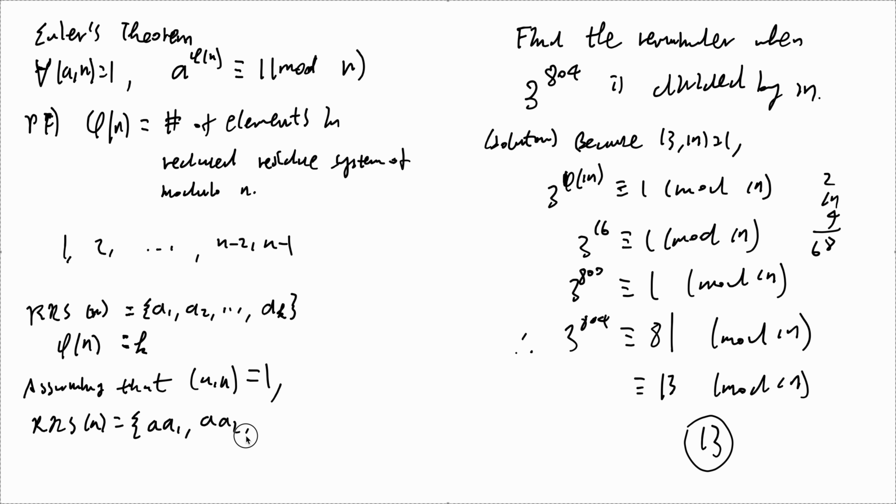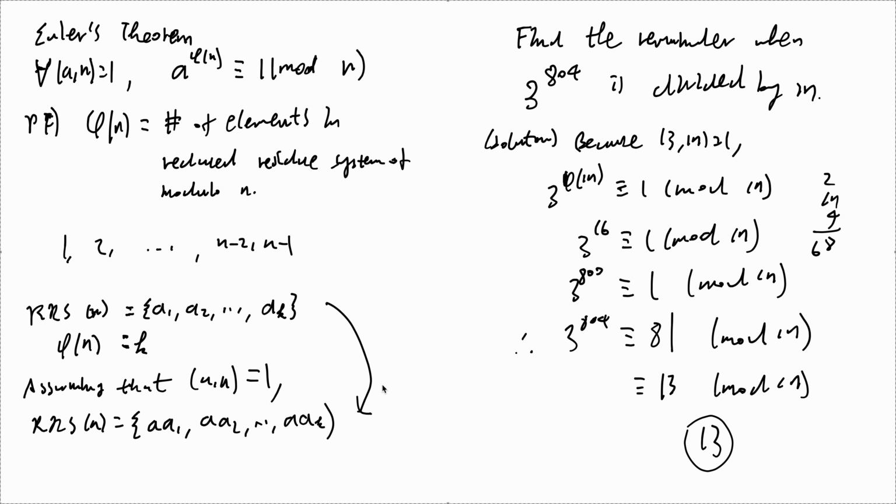It doesn't change the fact that it is the reduced residue system of modulo n, because these numbers are congruent to each other in modulo n. So that's why we can rewrite it like this.